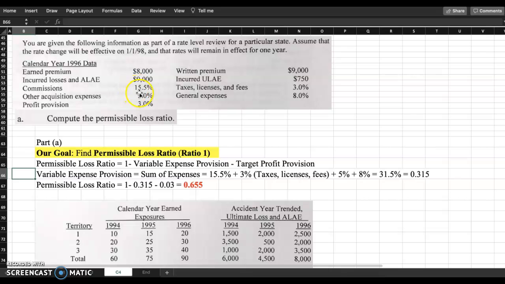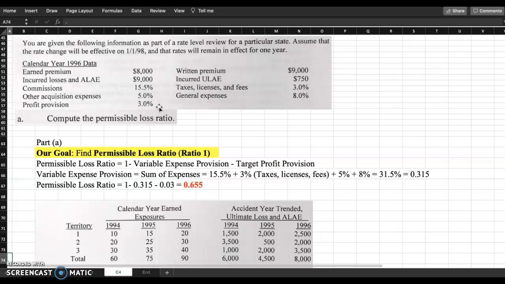So it'll be 15.5 from commissions, 3% from tax, and general expenses are 8%. So we have the variable expense provision of 31.5%, and the permissible loss ratio is 1 minus that 31.5%, and the target profit provision, which is right here, profit provision is 3%. So part A, the first ratio is calculated as 65.5%.